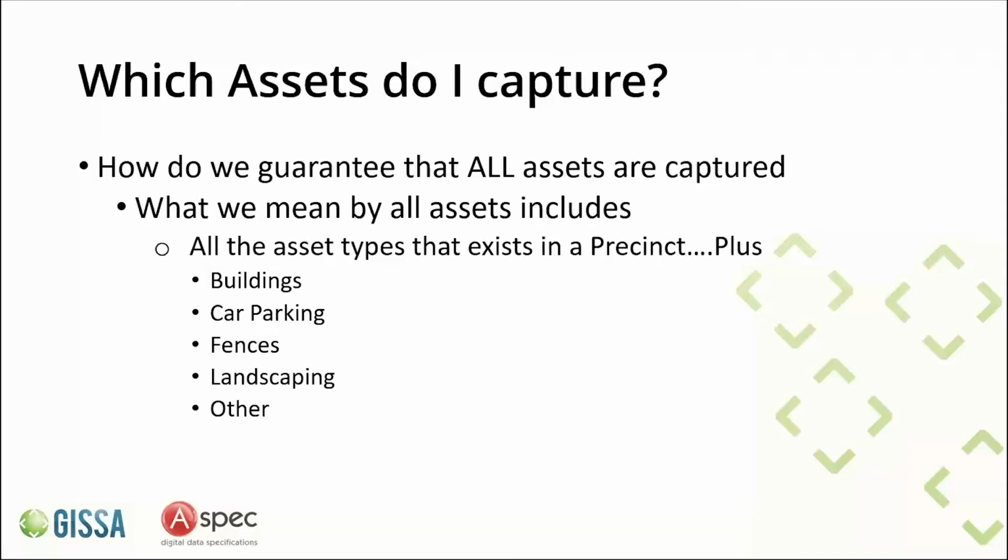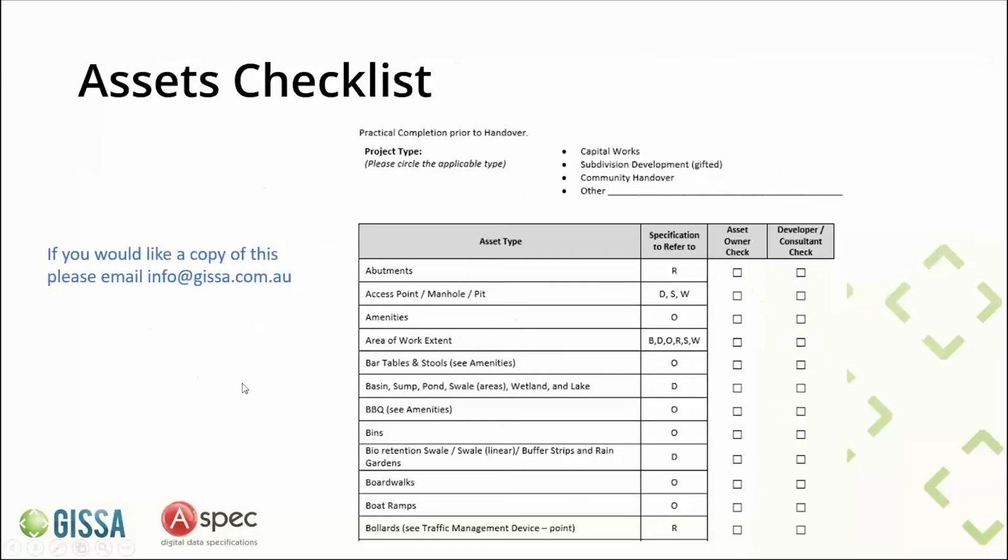So to ensure that there is consistency with what is agreed to be captured, we've created the checklist, and it will sit in our A-SPEC overview document. We already have a listing in section 1.3 of the A-SPEC overview document that outlines all of these asset types and which specification to refer to.